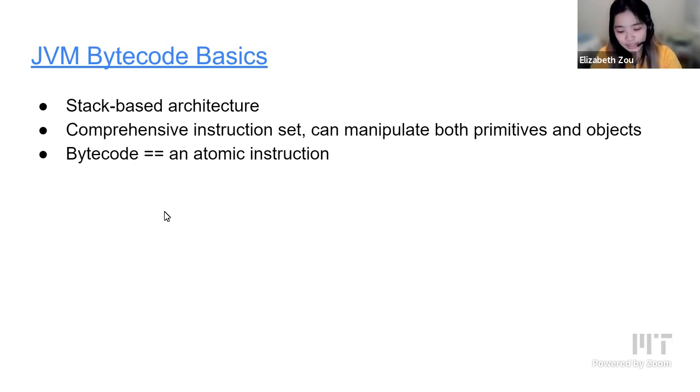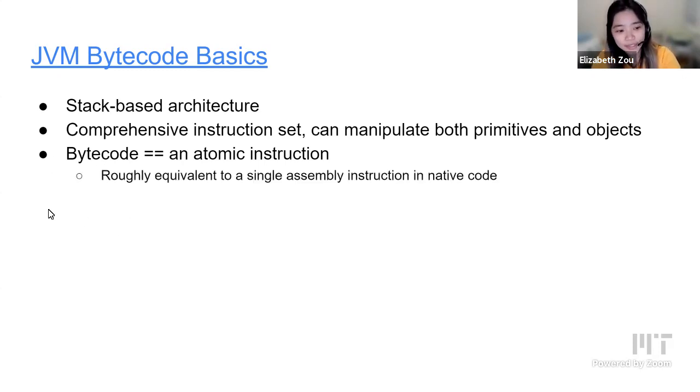A bytecode inside the JVM is basically an atomic instruction. An atomic instruction means it's one instruction that will always be executed together. You can't split it up into multiple parts. It won't ever be true that half the instruction got executed and the other half did not. A bytecode is roughly equivalent to a single assembly instruction in native code, if you know what assembly is.